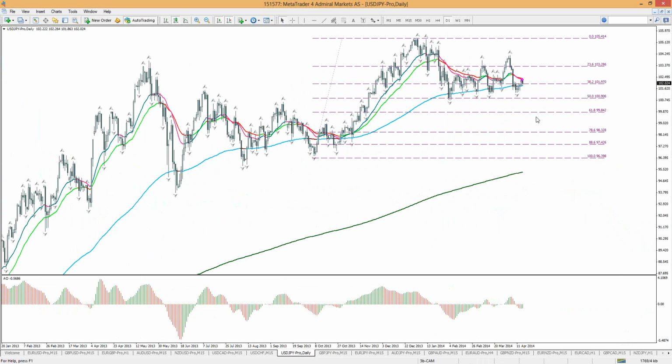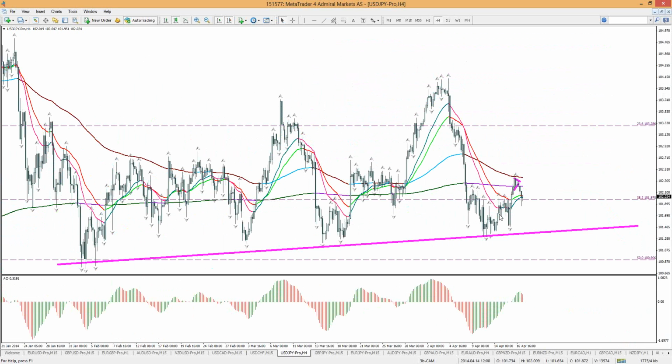So 100 and 98 could be the potential targets. One thing that I would like to see for that is a break of this trend line, for instance. That could be an indication that we make that fall. Before we break that trend line, it's a bit wacky.